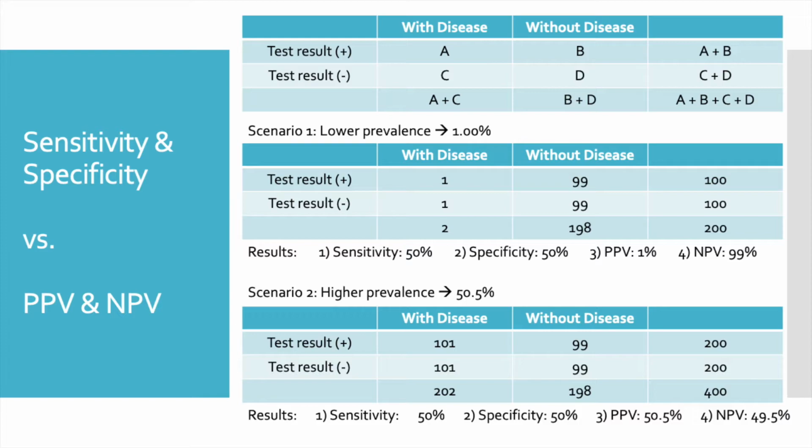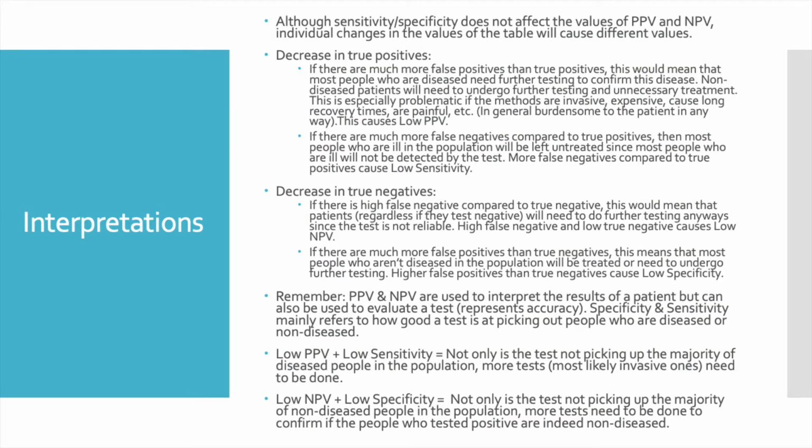But you can see that there is a difference in PPV and NPV values. Therefore, this shows that the higher the prevalence, the higher the PPV values will be, and the lower the NPV values will be. Now, we'll move on to actually interpreting the values in a contextual manner.